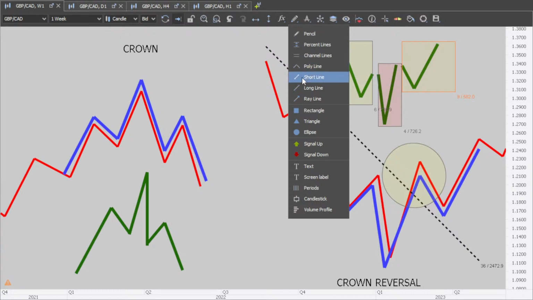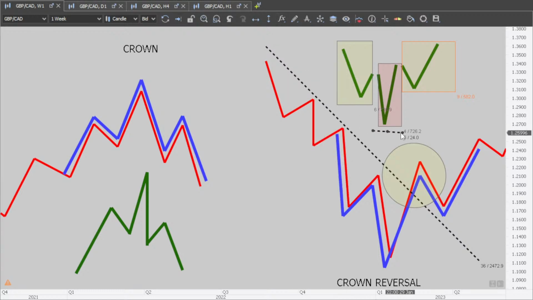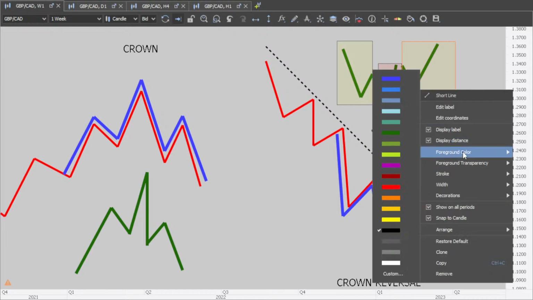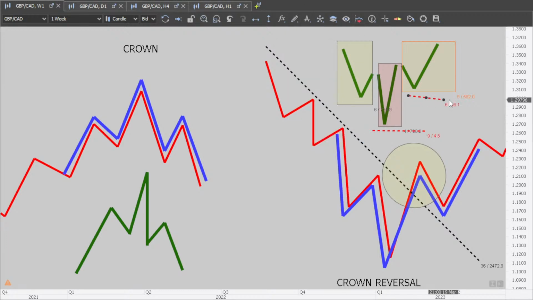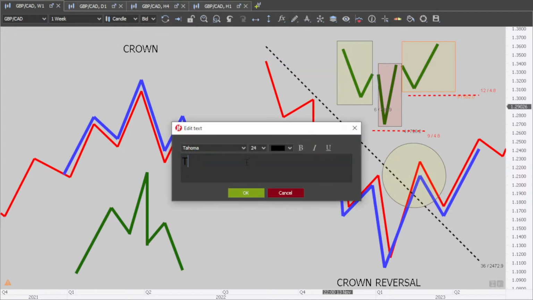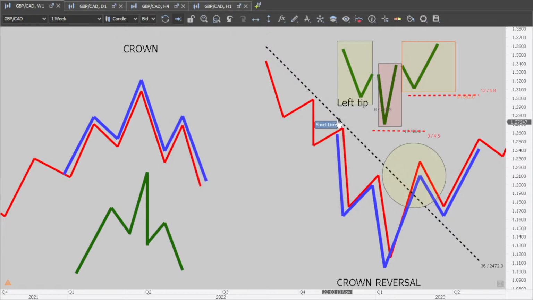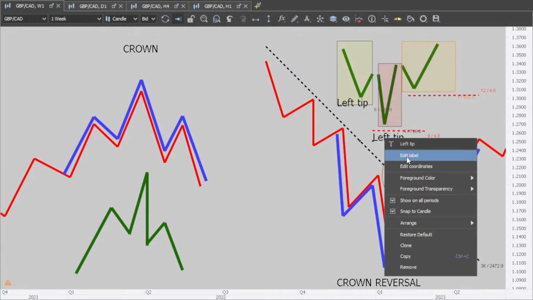If we buy the crown reversal, should the stop loss go below the head or the center tip, or below the right tip? Text, left tip, or left part if you want, left tip in here.